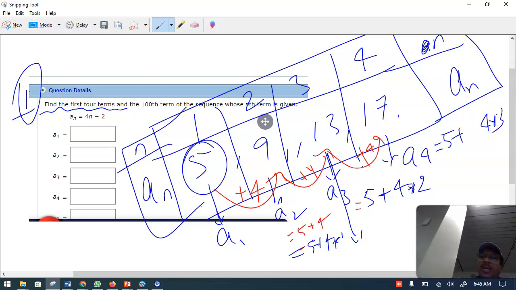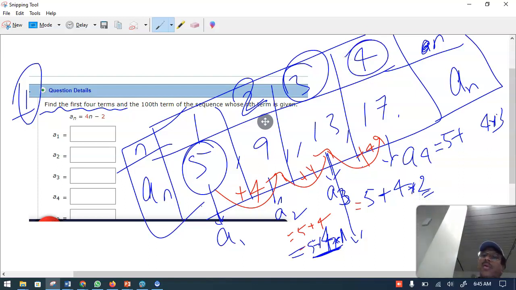So in other words, if the position number is 2, then you're adding 4 one time. If the position number is 3, it is 2 times. If the position number is 4, it's always 1 less, and that's why this is the nth term formula.